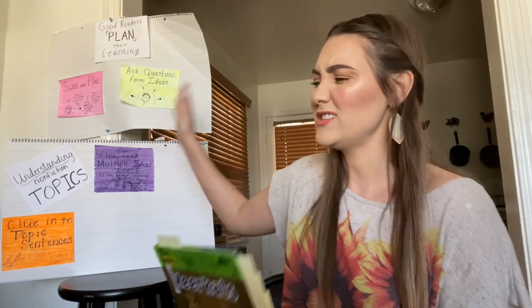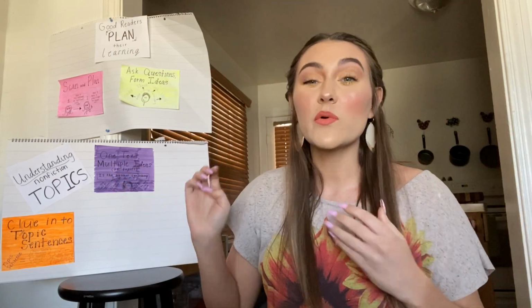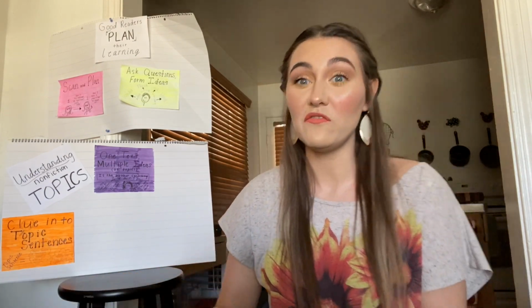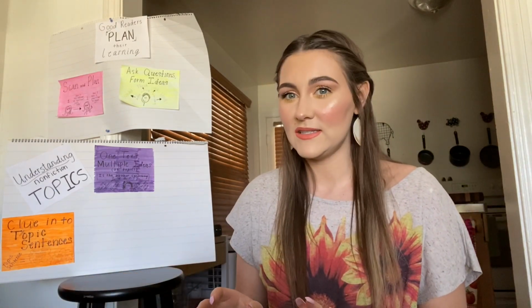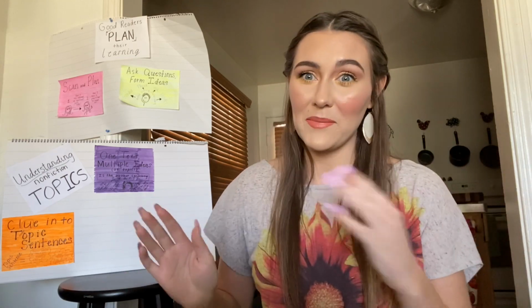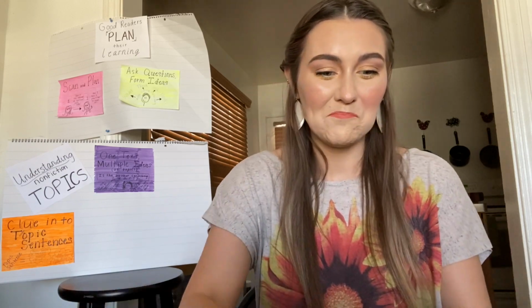And then yesterday we dove a little bit deeper and we were able to not just find the big idea. We were able to zoom in and clue in on those topic sentences. We found those few sentences that really gave away what that whole entire section is all about. So today, my friends, I'm going to go ahead and teach you another way to do that.